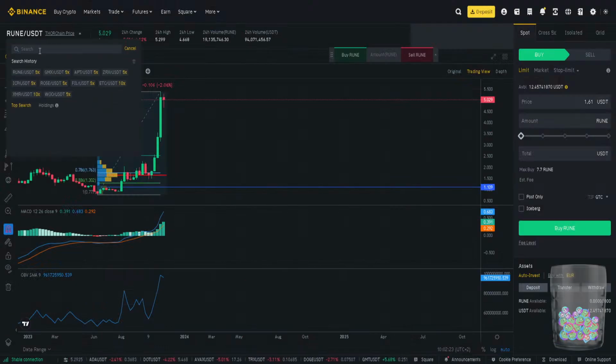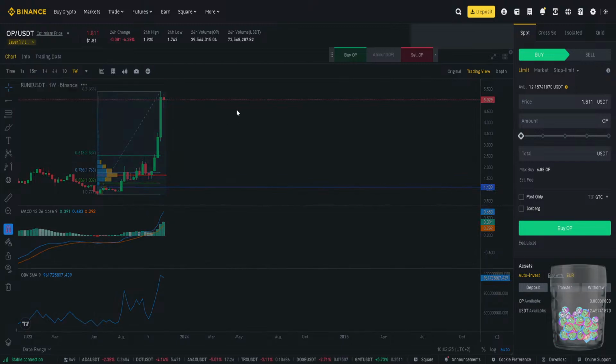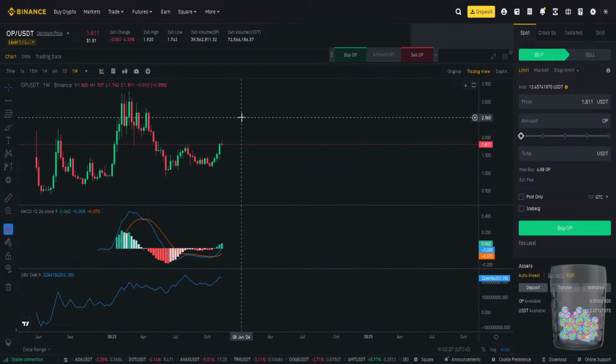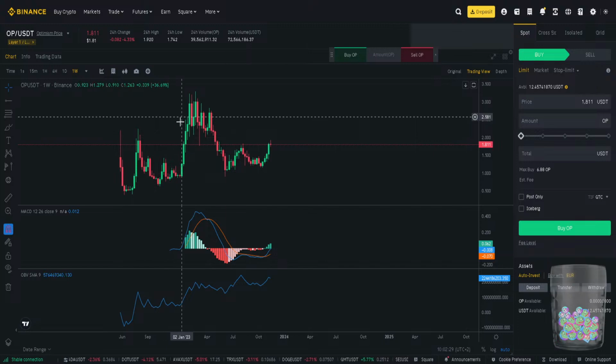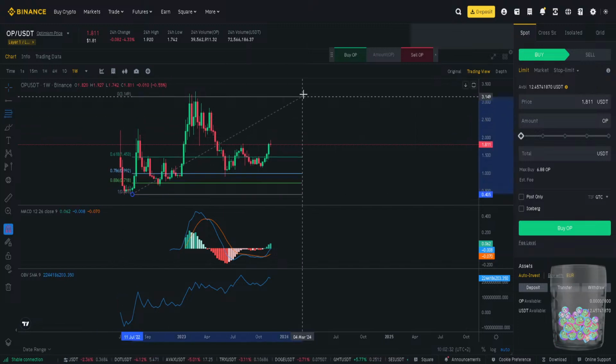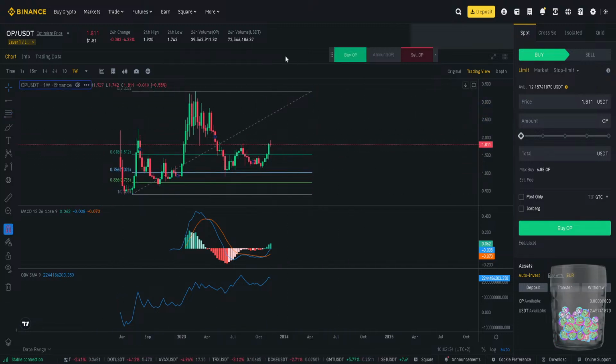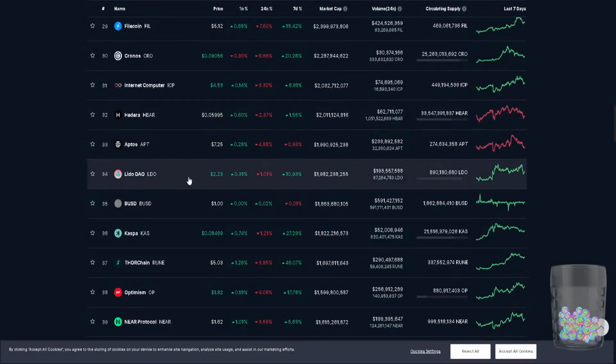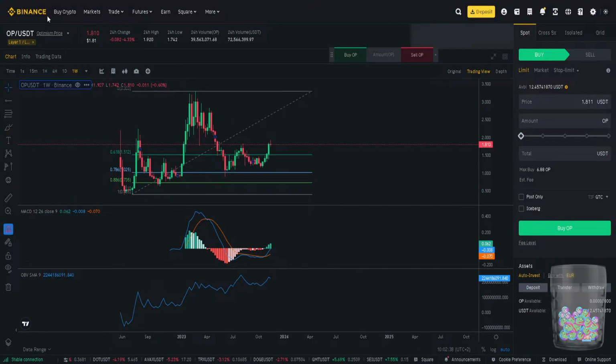Optimism. Think this is a bit too high. Yeah. Above the reload zone, I can't even look at this. Near protocol.